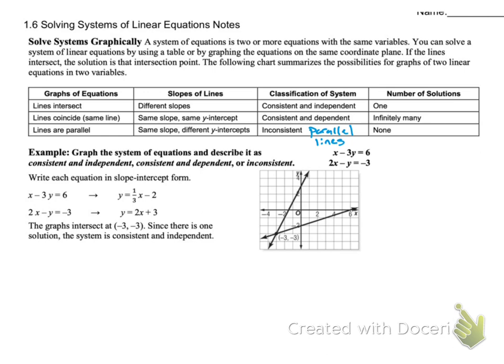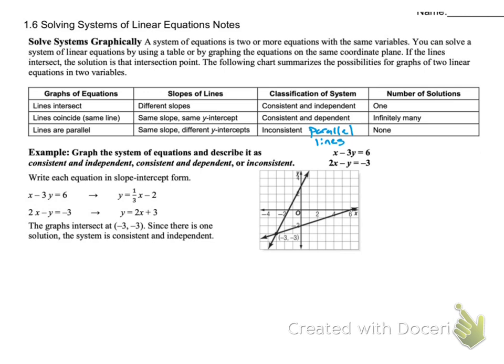They were in standard form, they put them in slope-intercept form, and when they graphed those two lines, there was a point of intersection at -3, -3. So the solution is -3, -3. The solution is an ordered pair, the point where the two lines intersect.